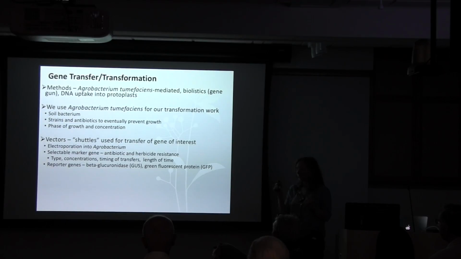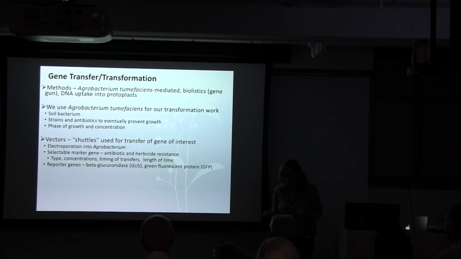There are different selectable marker genes, and I'm going to go into more detail on this when I talk about vectors. Those are genes that confer resistance to antibiotics and also herbicides, and we include either an antibiotic or herbicide component in our medium. There are different types and concentrations, and you have to look at timing. There are a lot of parts of this that you need to look at for your particular plant species.